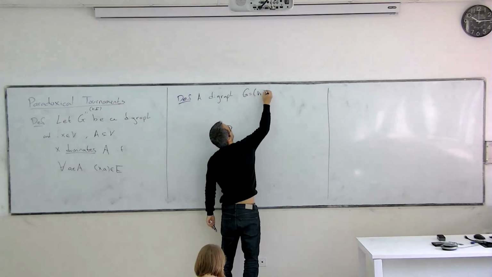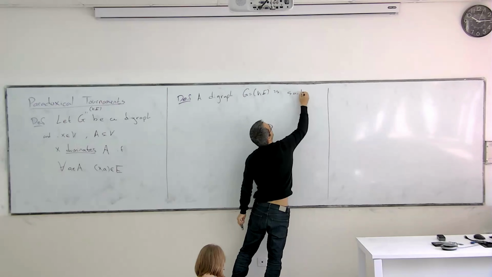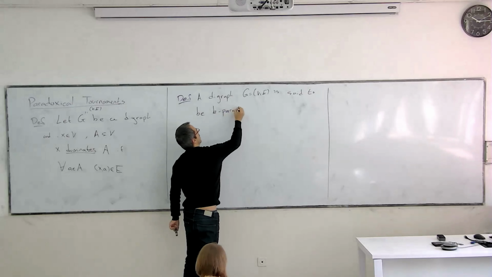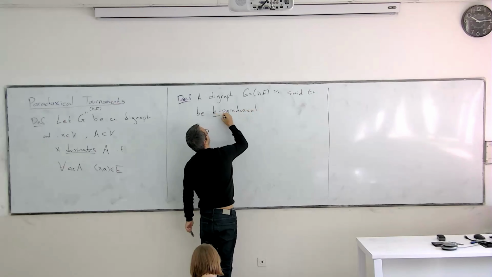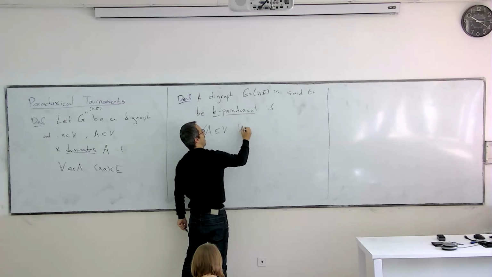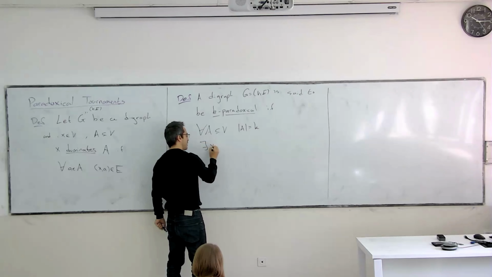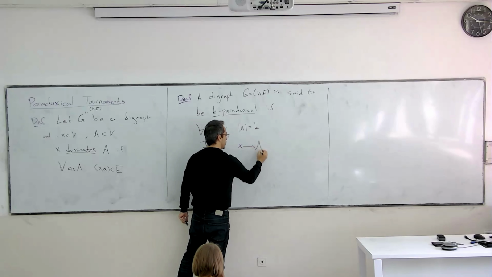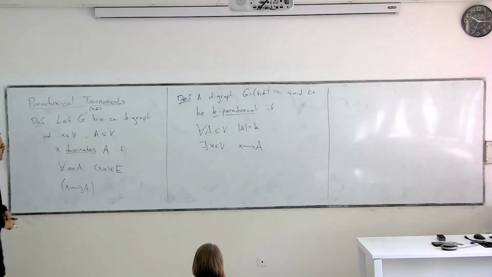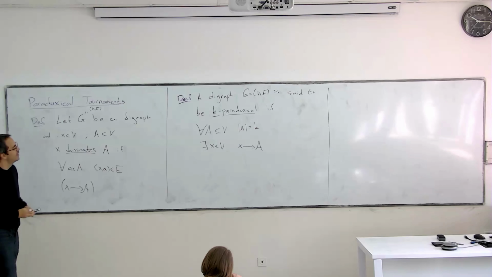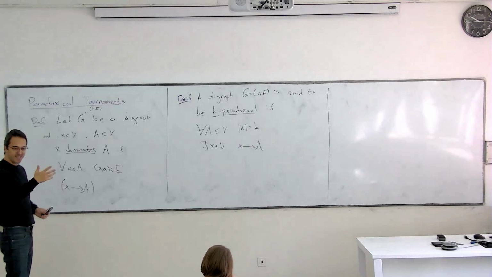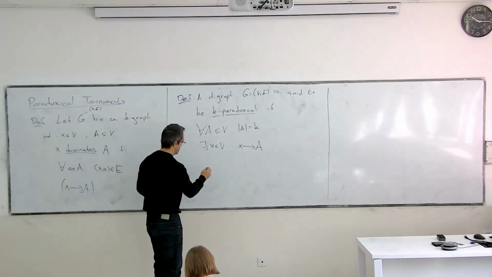So a diagram is said to be k-paradoxical, where k is an integer parameter, if for every subset A of the vertices of size k, there exists a vertex that dominates all the elements in A. For example, rock, paper, scissors is an example of a one-paradoxical graph.